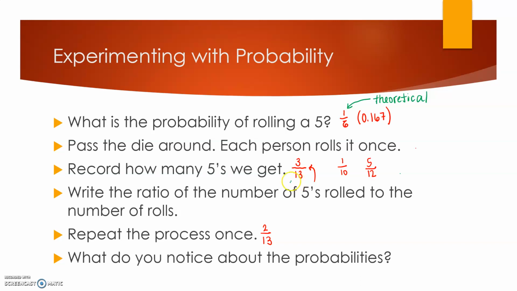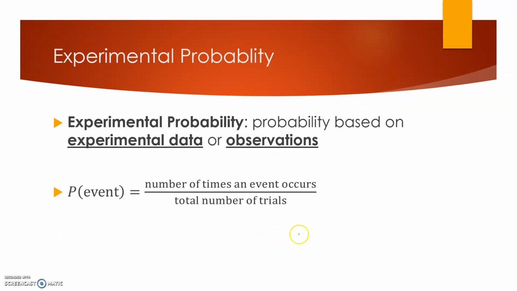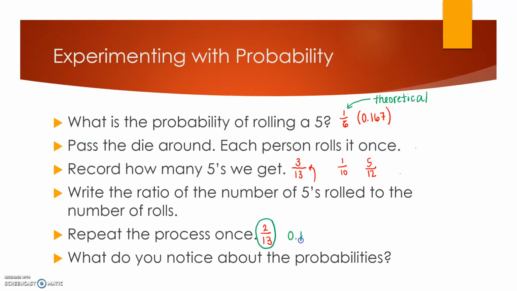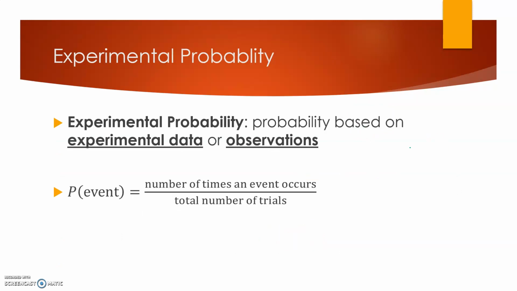But these numbers, these are all experimental probabilities, where we say, okay, now everybody's rolled the die 1 time. 2 divided by 13 is 0.154. So this is our new probability. This is our experimental probability. And notice that it's different from our theoretical. So experimental probability is looking at what has happened, and we're going to use that to predict what happens.